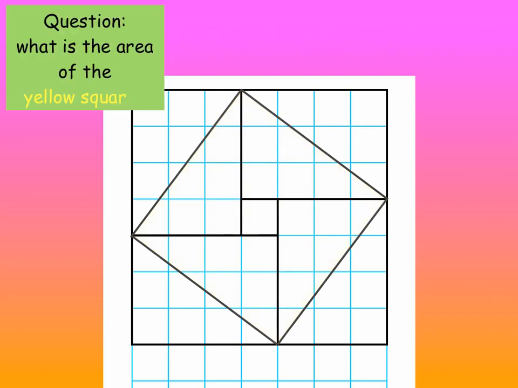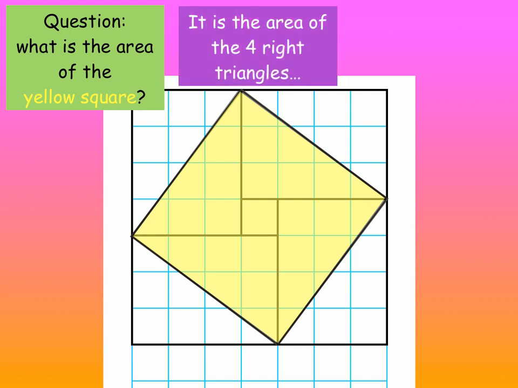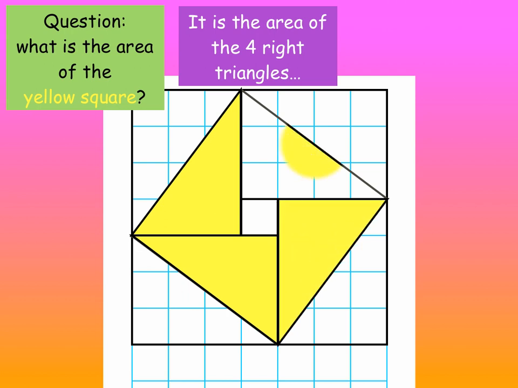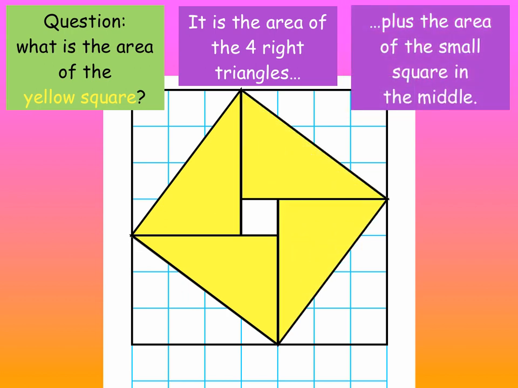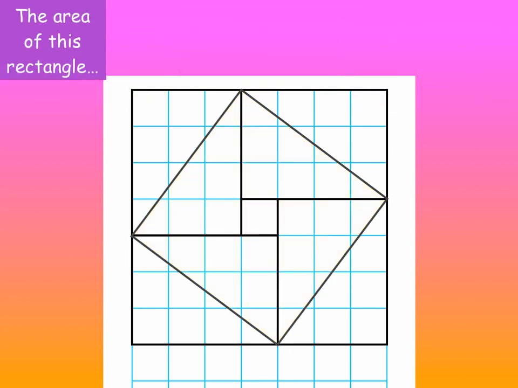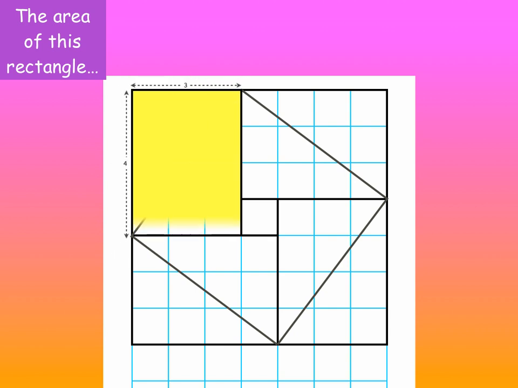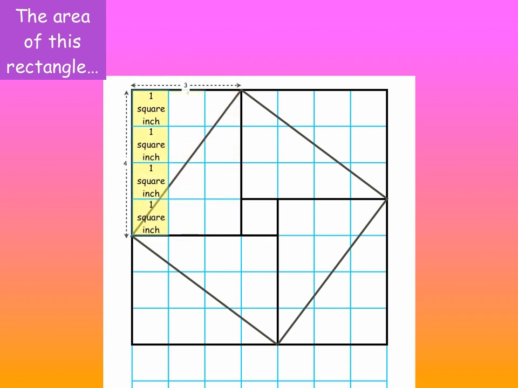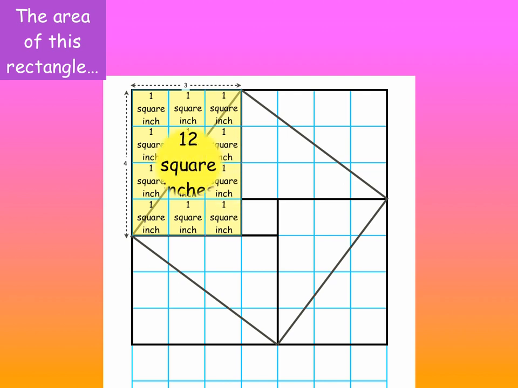What is the area of the yellow square? Well, it's the area of the 4 right triangles plus the area of the small square in the middle. The area of this rectangle, the whole thing, looks like 12 square inches.